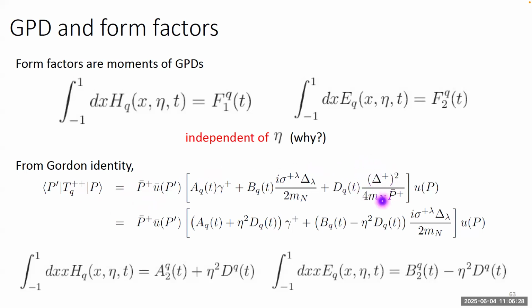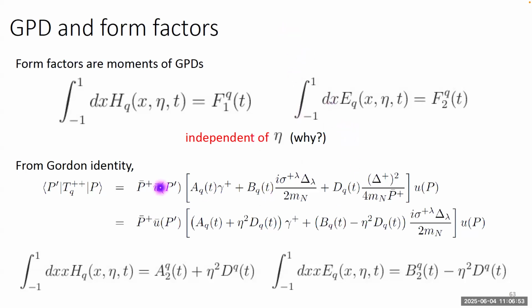So this term goes like quadratic in skewness, even though this T plus plus is a local operator. So the real reason you don't have this eta dependence here, I think, is because of time reversal invariance, which I don't want to go into, but I think that's the bottom line.